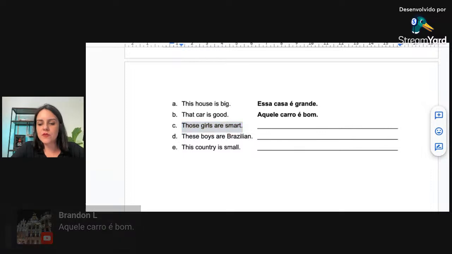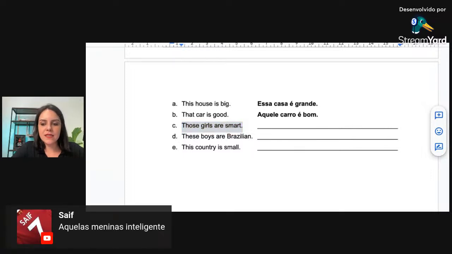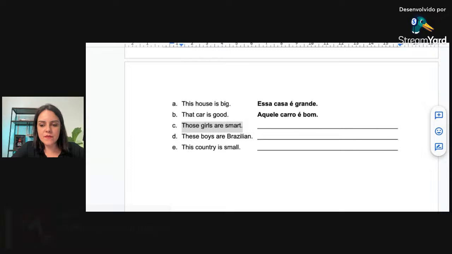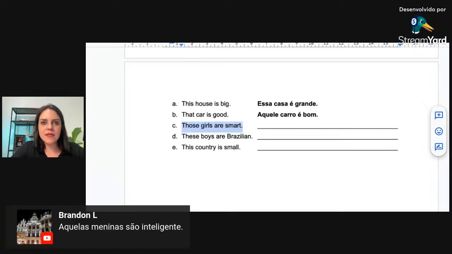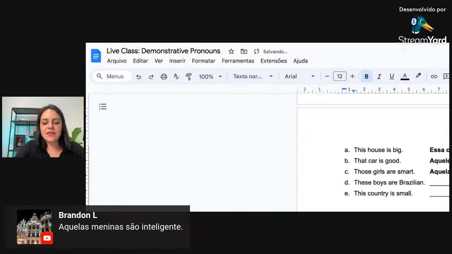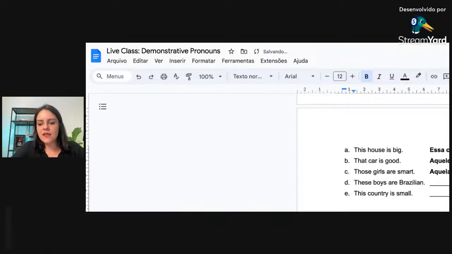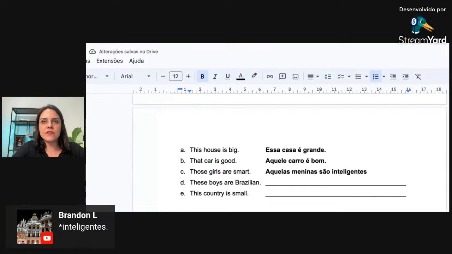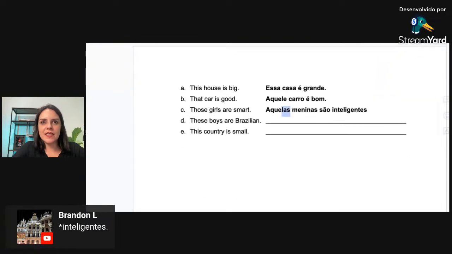Muito bem, pessoal. Aquelas meninas, it's missing the verb here. Aquelas meninas têm just one small mistake. Muito bem, você corrigiu. Aquelas meninas são inteligentes. So it's plural. The adjective should be plural too. So aquelas, plural, meninas, plural, são the verb ser in the third person plural, inteligentes.